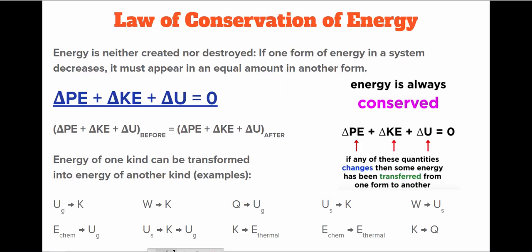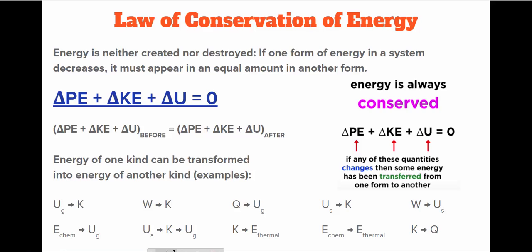So here, there's a lot going on this side. Don't panic, it's really not that big a deal. So our law of conservation of energy says that energy is neither created nor destroyed. So that's not new. Okay, that's from the last unit.